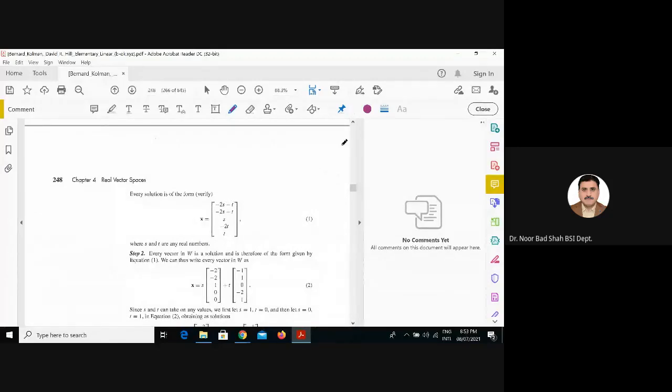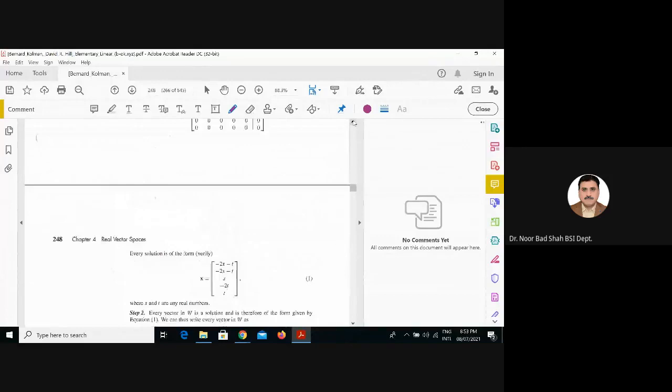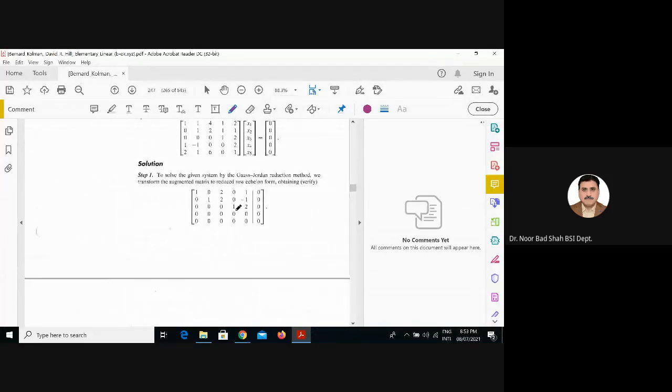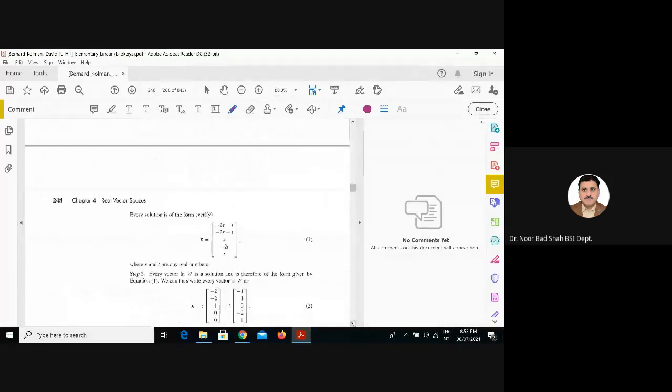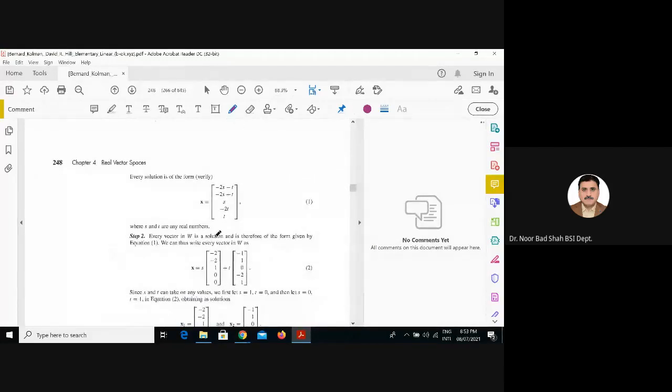You see, there are 5 equations, and we are having 2 zero rows in it. There are 5 columns, and we are having 3 non-zero rows. The difference between them is what? That is the number of free variables, or the number of parameters. In this case, we are having two free variables. So one is s, the other one is t. We separate them, we get this one.